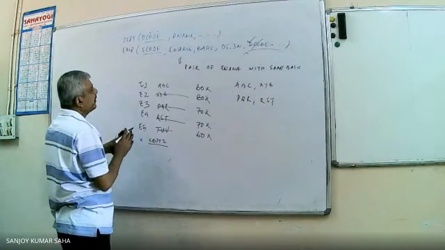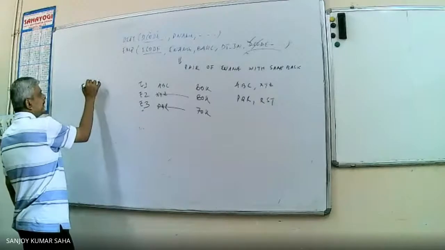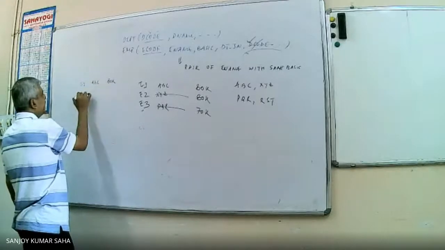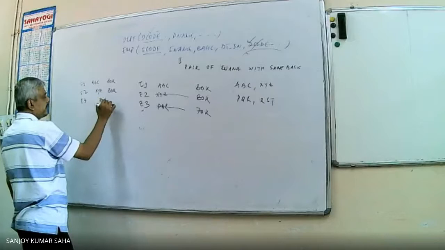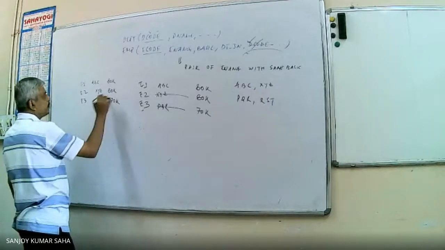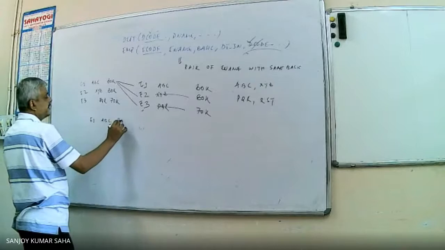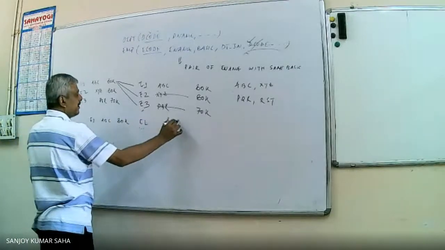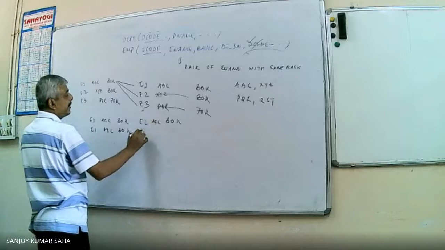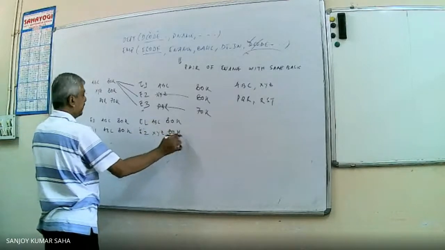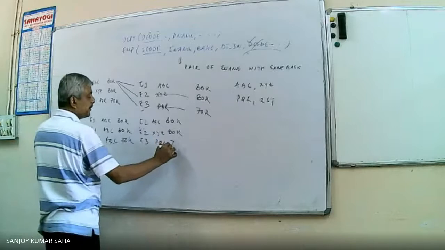Say I restrict myself only up to this: another copy of the employee, E1 ABC 80K, E2 XYZ 80K, E3 PQR 70K. In the Cartesian product, E1 ABC 80K combines with E1 80K, with E2 XYZ 80K, and with E3 PQR 70K.